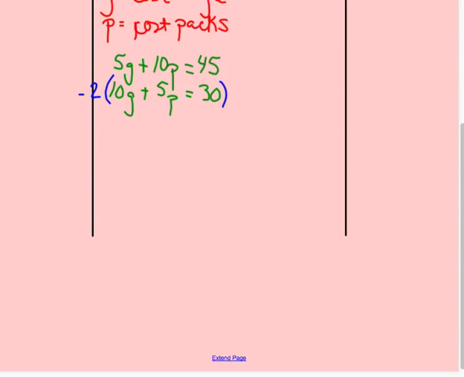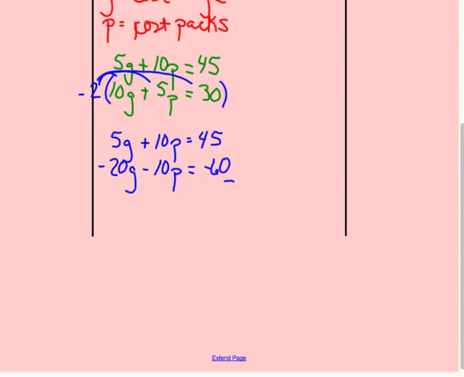So first of all, I'm going to rewrite my first equation because I'm not changing that one at all. And then I'm distributing my -2 to my second equation. So we've got -2 times 10G, -2 times 5P, and all the way over multiplying our 30 by -2 as well.